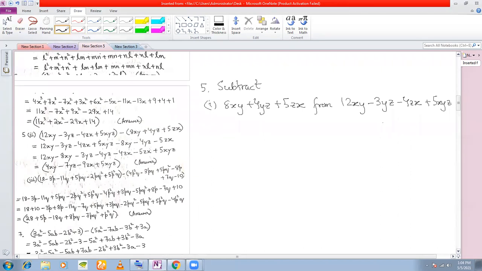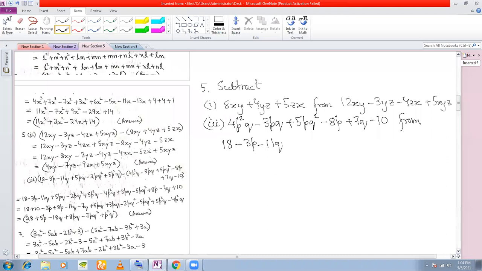And the next question that I have solved is 5-3 also. The question here was 4p square q minus 3pq plus 5pq square minus 8p plus 7q minus 10 from 18 minus 3p minus 11q plus 5pq minus 2p square minus 2pq square plus 5p square q.